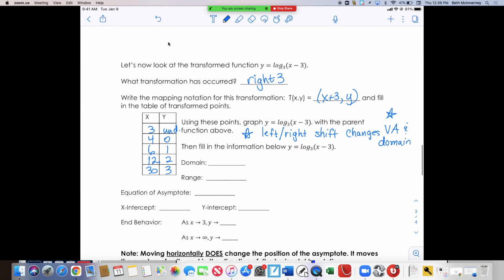So what would be the equation of my vertical asymptote then instead of x equals 0? Yeah, Angelo? X equals 3. So I immediately then put my domain in, and my range for logarithmic functions is always negative infinity to infinity.